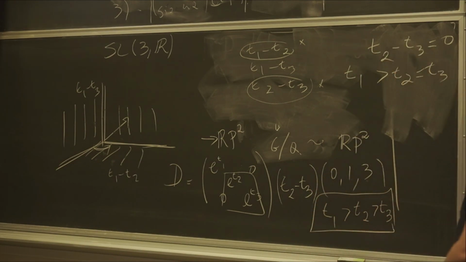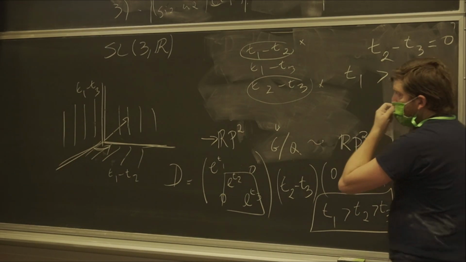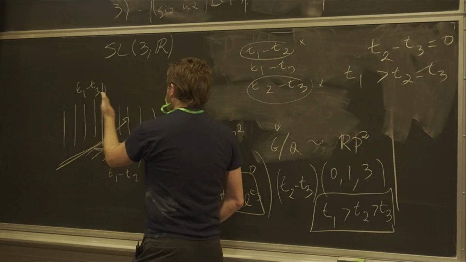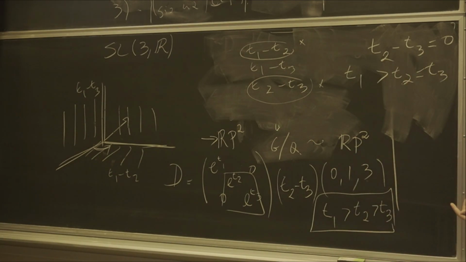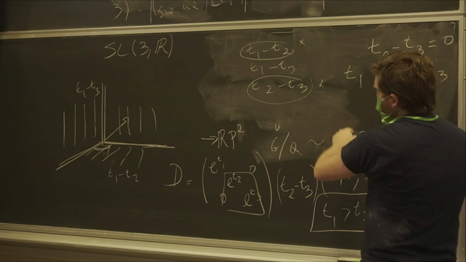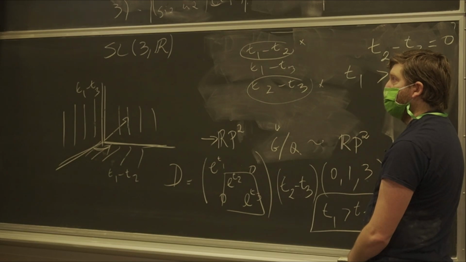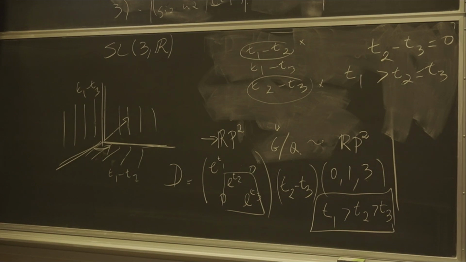these are different. So it's not the identity map, it's not the identity matrix, but still I have this t2 minus t3 equal to 0, which means that in this t2, t3 plane or coordinate, nothing is happening. The vector is not moving there. Still, it's moving towards t1 minus t2 because this is doing, and the t1 minus t3 also is moving, but the t2 minus t3 is not moving.